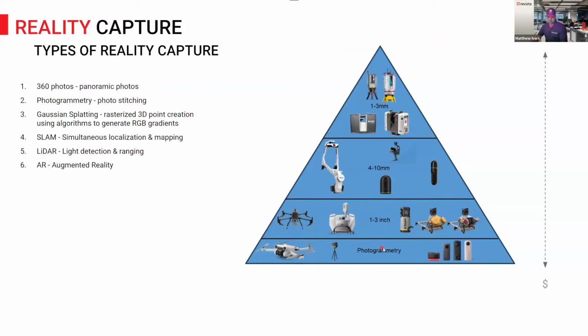As you go up, the precision gets higher. At the top are your terrestrial scanners. In the middle is SLAM technology, which is localizing the mapping of the LiDAR instantly while you're walking. That's more of a portable wearable scanner, whereas this is a traditional tripod scanner, which offers the best precision.